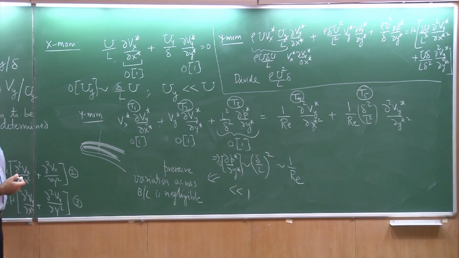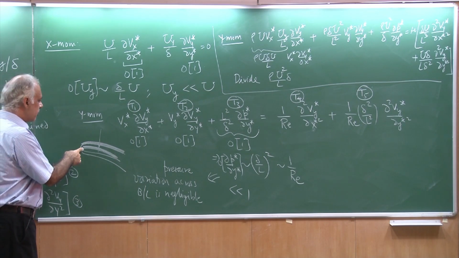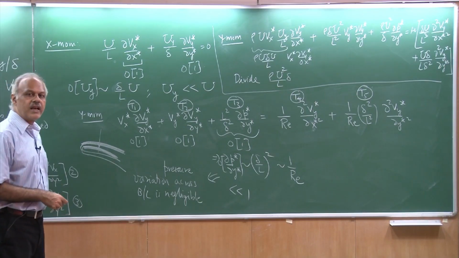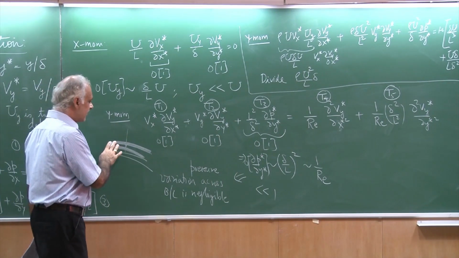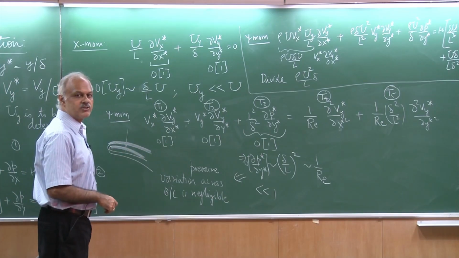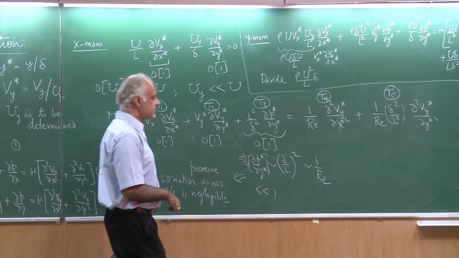Which really means that if I have an attached flow, not a separated flow, and I am able to compute or estimate the pressure through a potential flow or an inviscid flow analysis, that actually holds even at the edge of the boundary layer. So it's a very important conclusion.